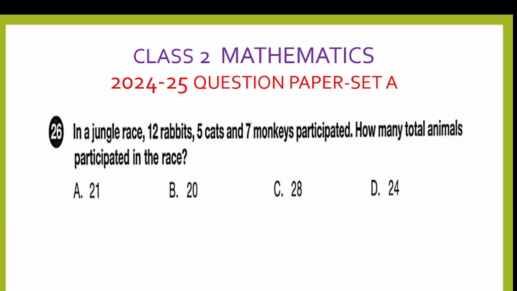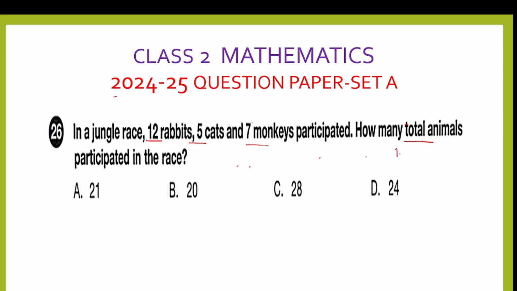Next question. In a jungle race, 12 rabbits, 5 cats and 7 monkeys participated. How many total animals participated in the race? So in the jungle race, there are some rabbits, cats and monkeys and we have to find out their total. So what do we have to do? We have to do the addition.